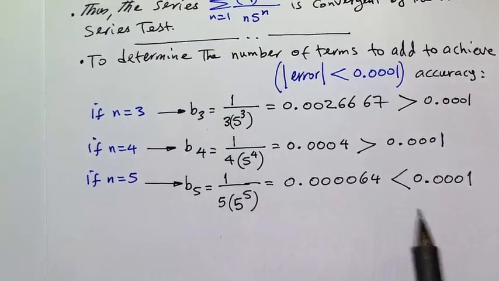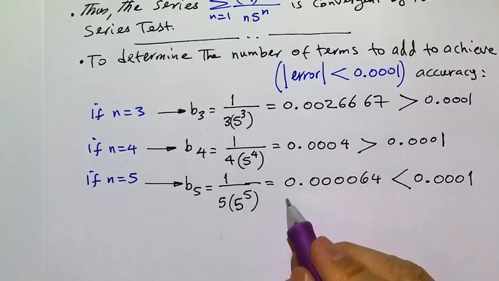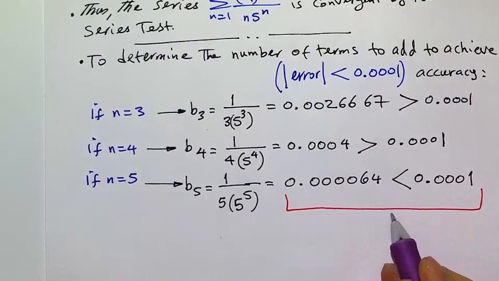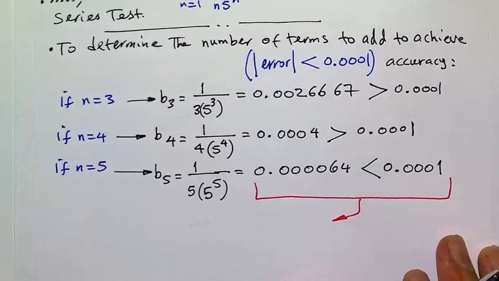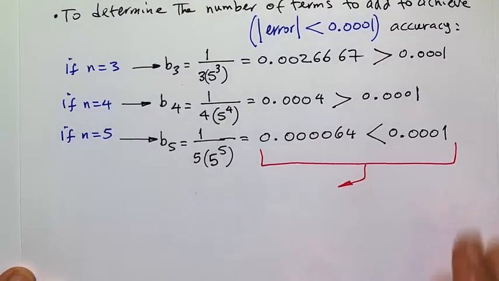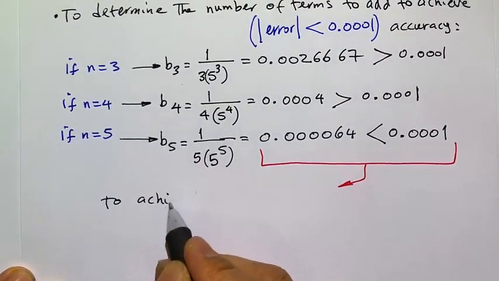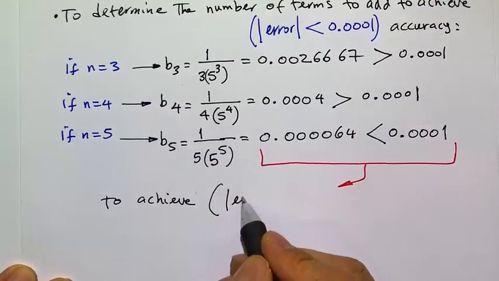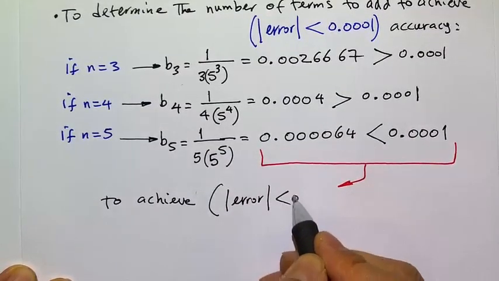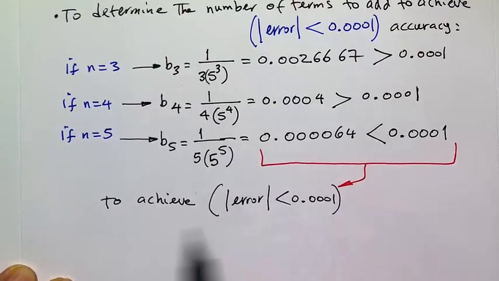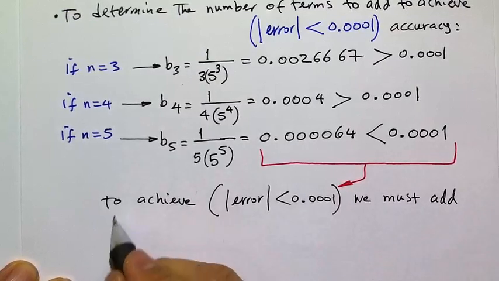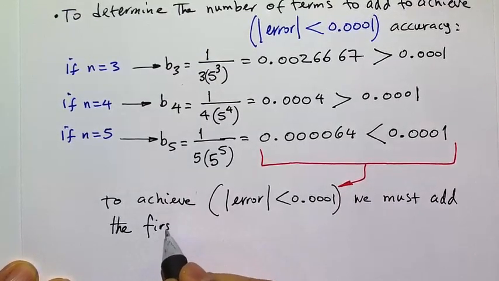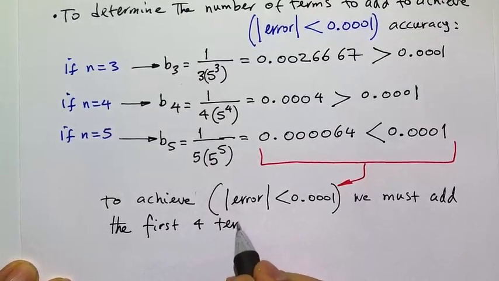So because of this, we can say that to achieve this error that we were asked to achieve, the first 4 terms, right?